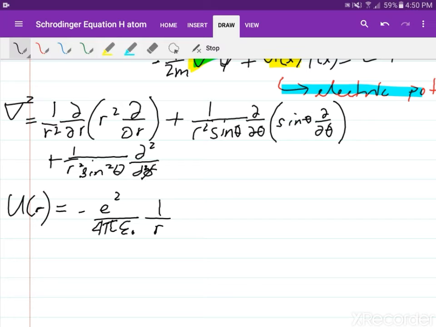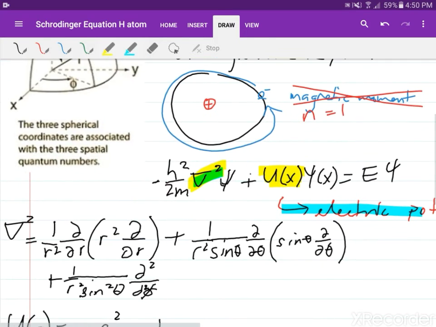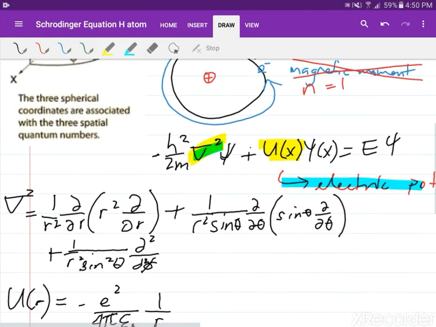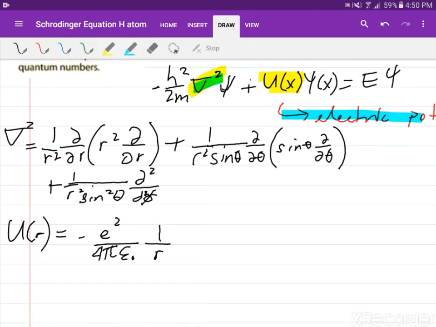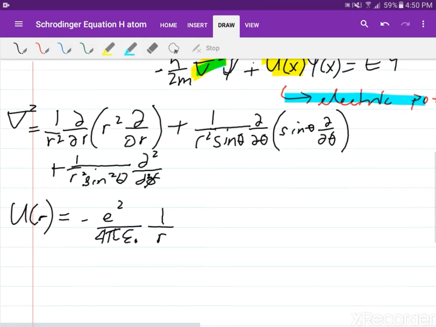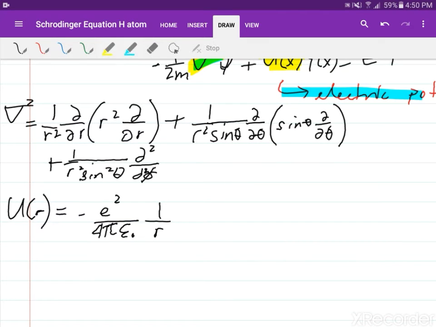Okay, so by using spherical coordinates, we are able to reduce the effect of the angular quantities in our potential. So the potential is only affected by its radius from the origin.